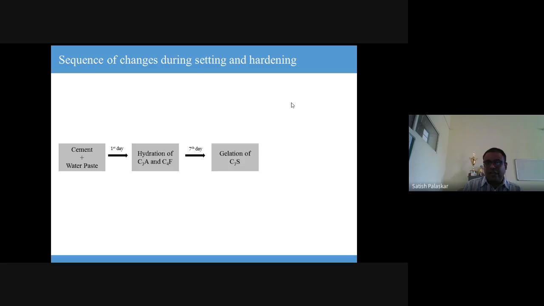Up to 7th day, gelation of C3S. 28th day, that is for C2S and C3S. That's why we take the strength of the concrete on 28 days, because in this diagram it is explained why it is taken.